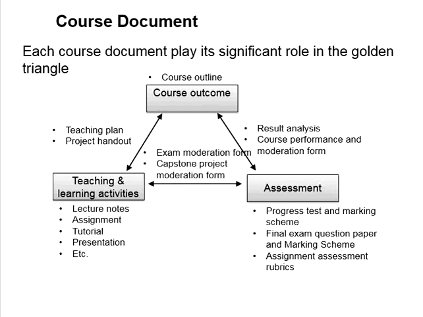In the previous videos, we have established the importance of this golden triangle. The teaching and learning activities, as well as the assessments, will have to be designed on the basis of the course outcomes. All these three components need to be intact for a constructive alignment.